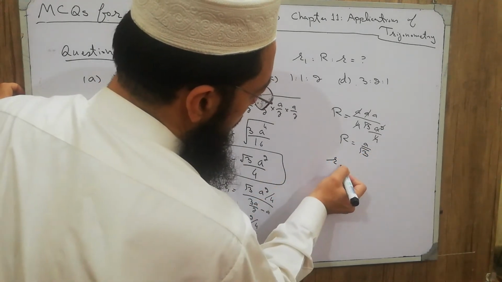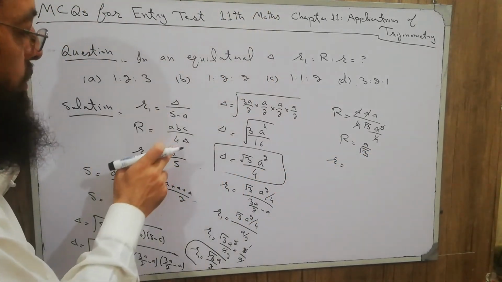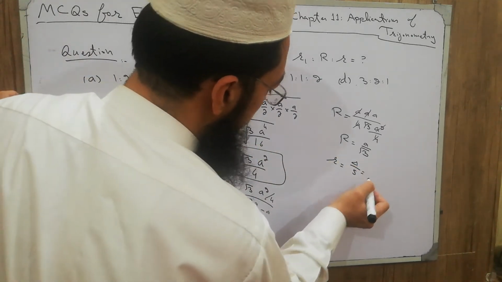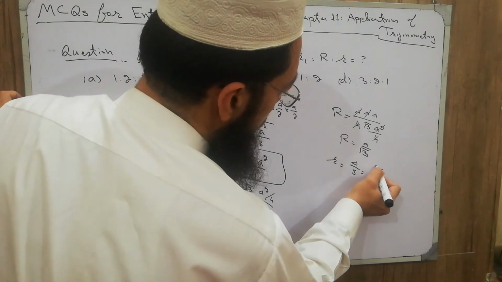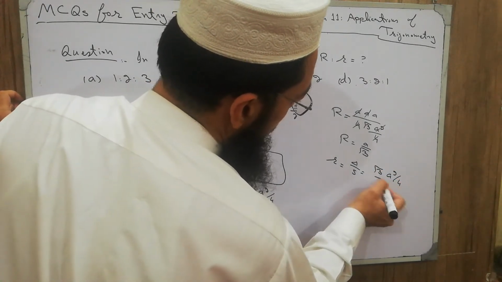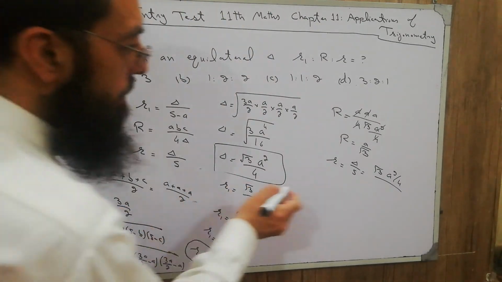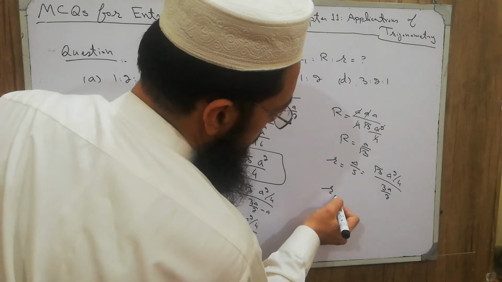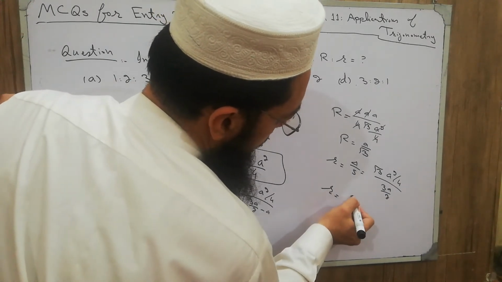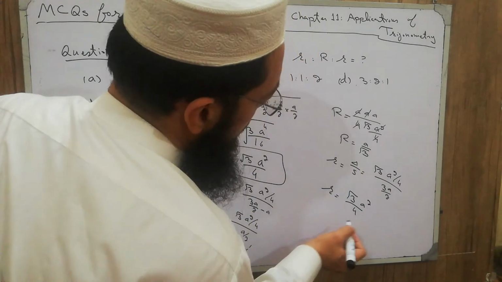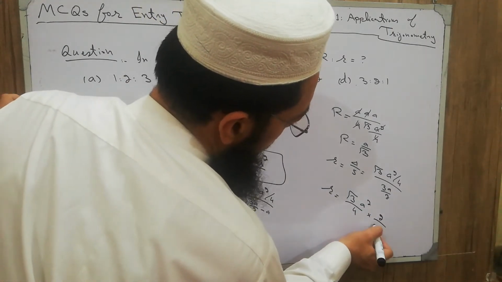Similarly, small r is equal to area divided by S. Area is equal to the square root of 3 A square divided by 4, and S is equal to 3A by 2. So, r is equal to the square root of 3 A square divided by 4, multiplied by 2 divided by 3A.